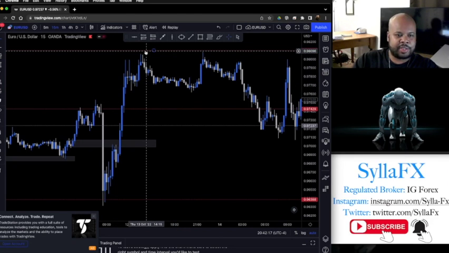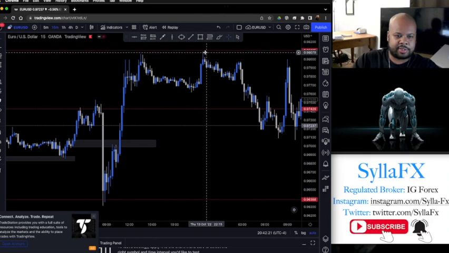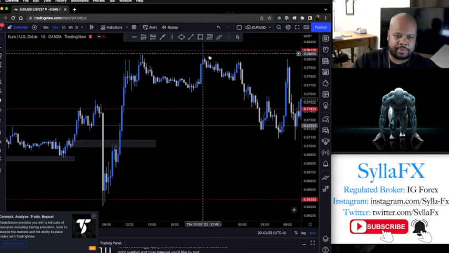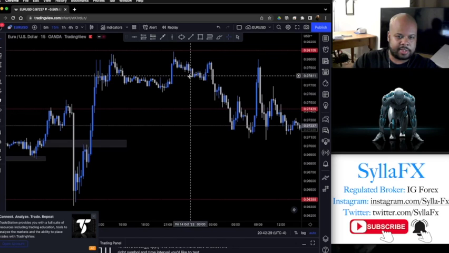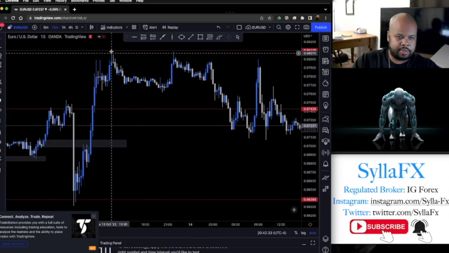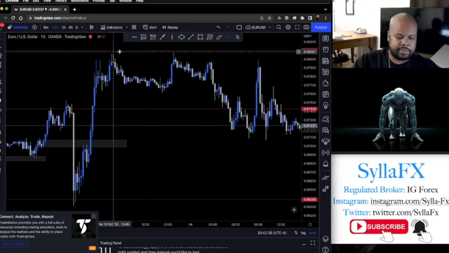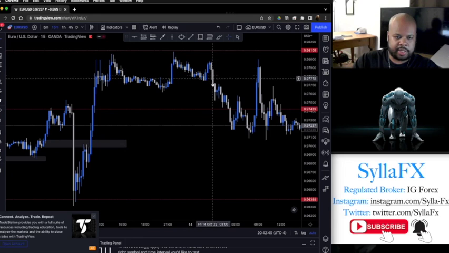Comes back to another major level, rejects. We're not making any new highs, so this is a clear sign that we're either going to consolidate in this area or just sell off again. I don't see anything valid. We're below the resistance level, the major level here. And you see this sell-off that happens right here?